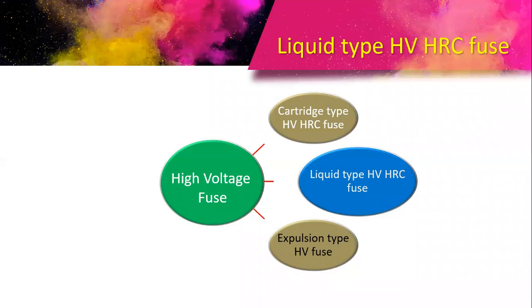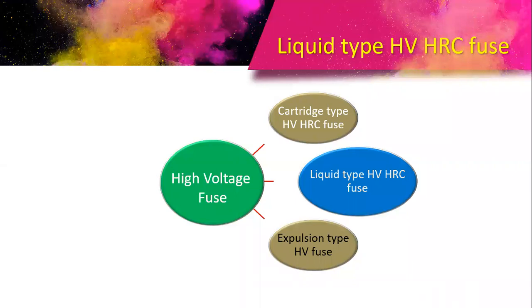Whenever a fault occurs, heat is developed inside the airtight container, and the heat is absorbed by the filling material. The filling material is converted to vapor. That vapor and filling material both create a high resistance between the two opened materials, and the arc is automatically quenched. This is the basic principle of operation of a high voltage HRC fuse.